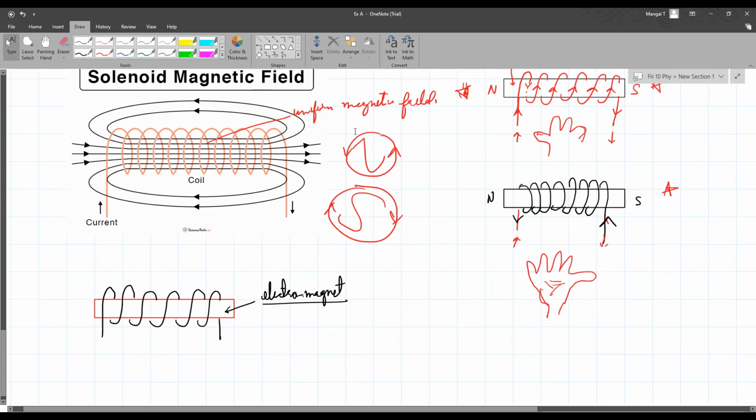If you suspend a permanent magnet, it will point in the north-south direction. If you suspend an electromagnet, it will also point in the north-south direction. If you bring magnetic substances near a permanent magnet, they will get attracted to it. And so they will get attracted toward the electromagnet as well.